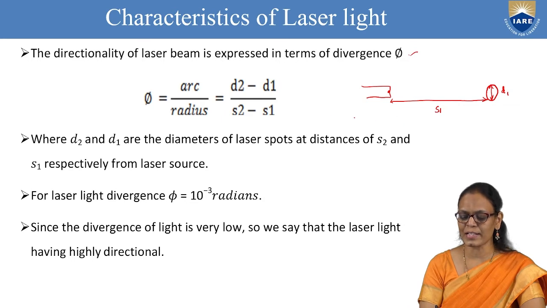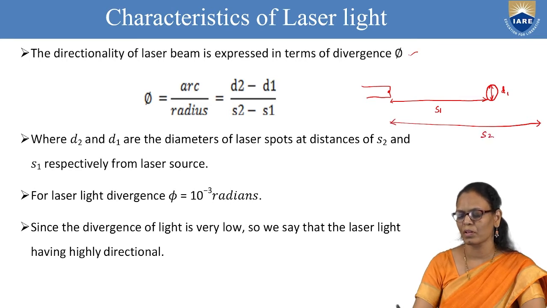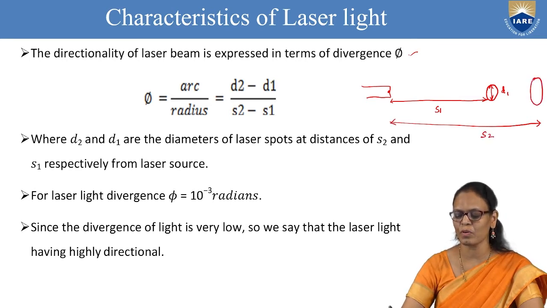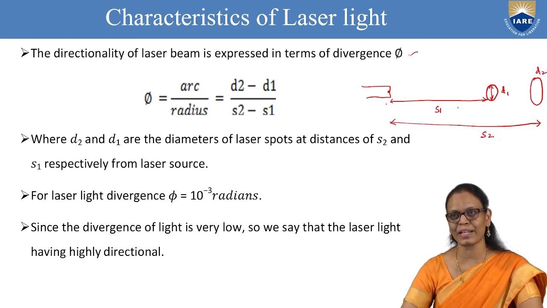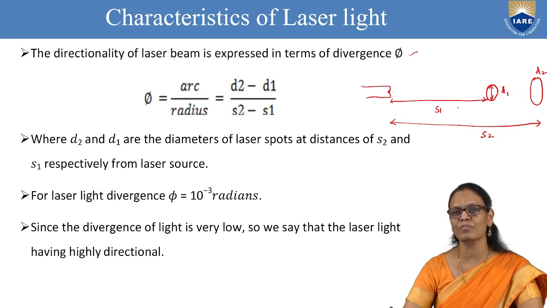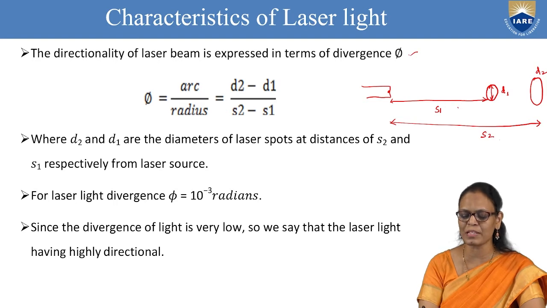If we are taking the distance to be more, S2, now the diameter may be a little more, so D2. So S1 and S2 are the distances from the laser source, and D1 and D2 are the diameters of the laser spots. Laser spot means the light that is emitting from the laser.